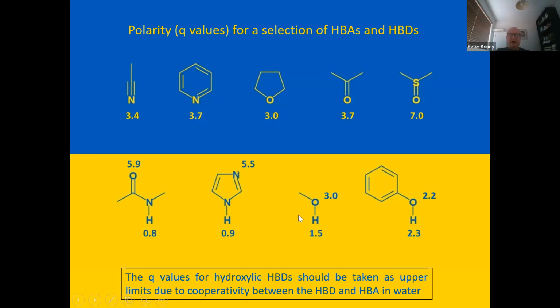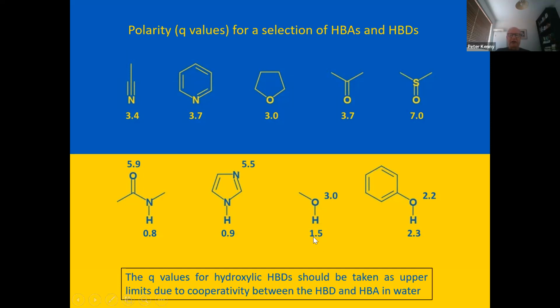Now, these are a little tricky. When you get a hydroxyl group, if you remember that slide I showed you with the water dimer, you do tend to find that as the hydrogen bond donor donates to maybe a water molecule, the hydrogen bond acceptor becomes stronger. So a portion of the polarity of a hydroxyl group, you can't really assign to the donor or to the acceptor. What I've done here is arbitrarily loaded that extra polarity onto the hydrogen bond donor.